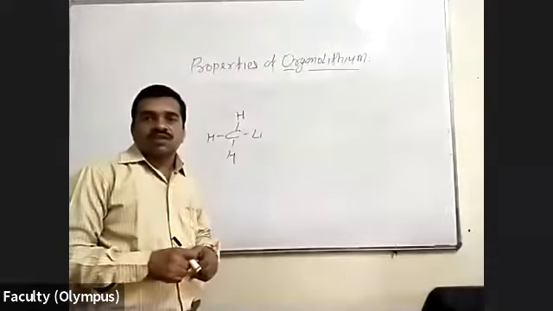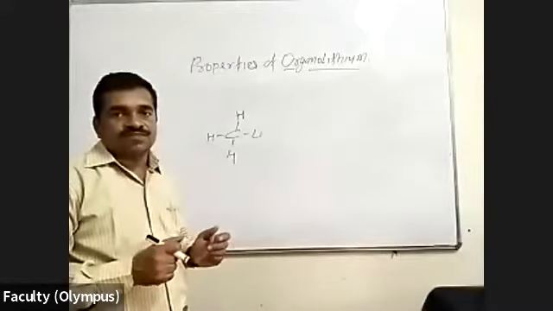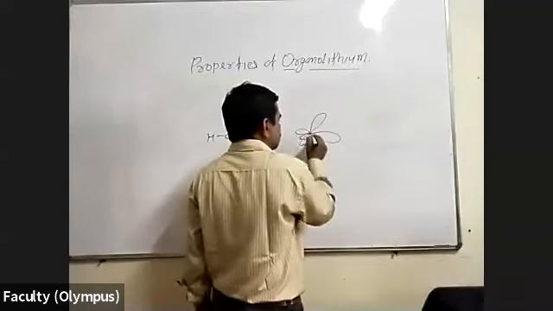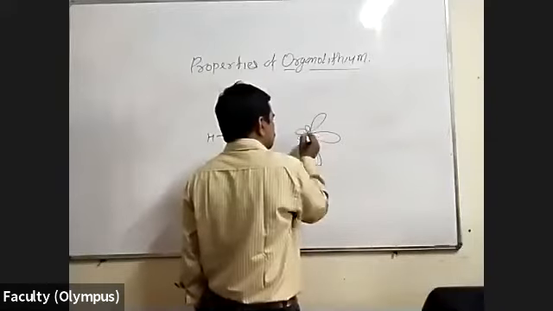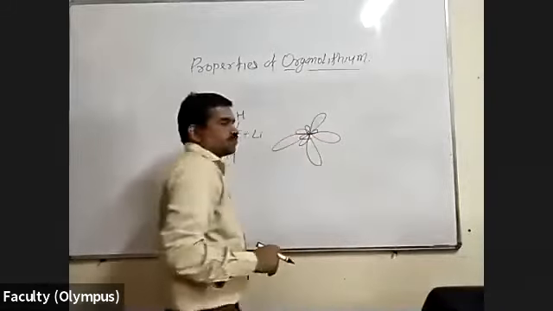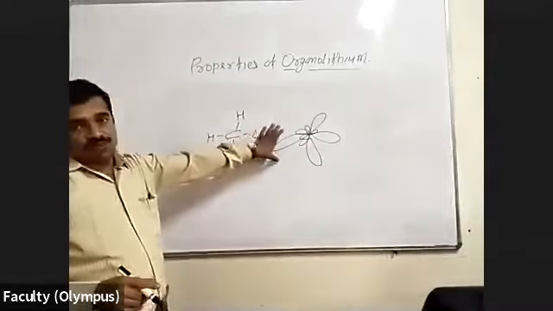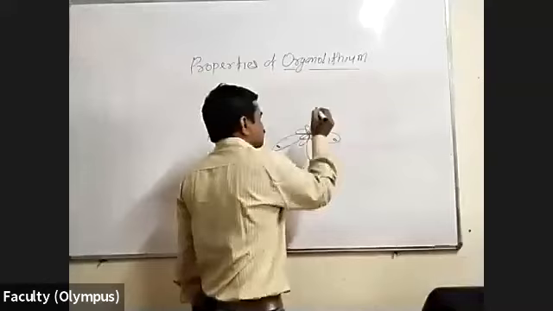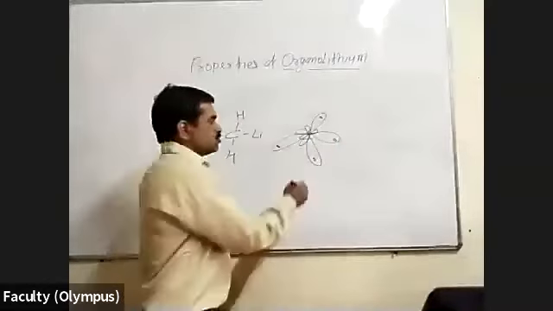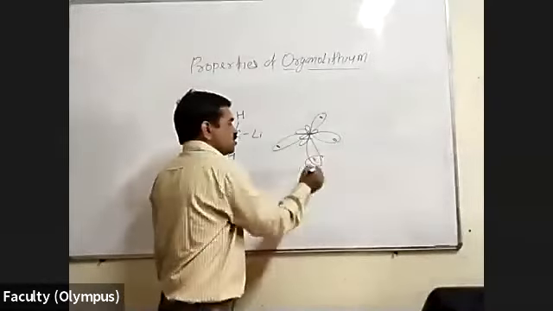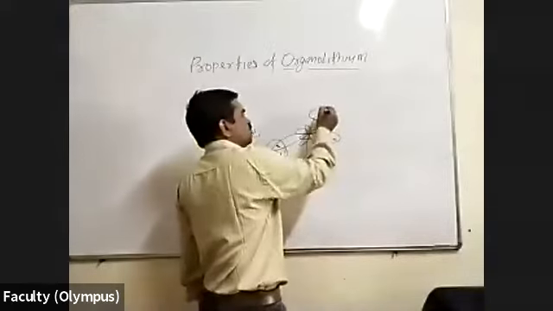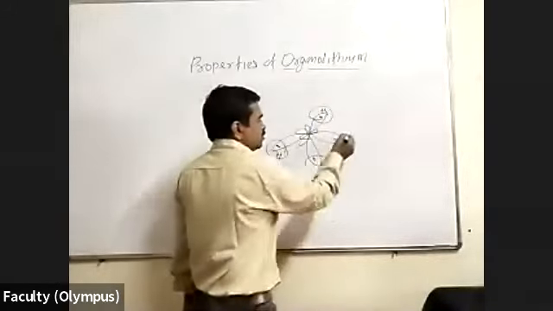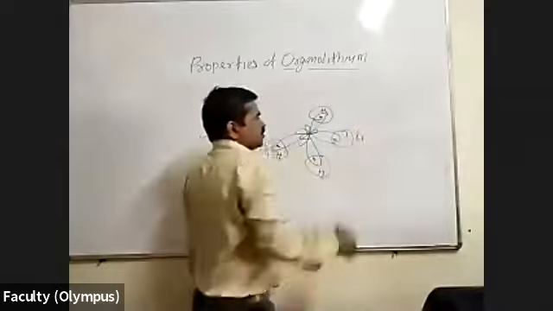So it has 4 sp3 hybrid orbitals having unpaired electrons. Three overlap with hydrogen, or some other carbon, and the remaining one overlaps with lithium.